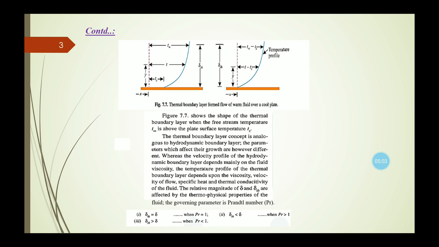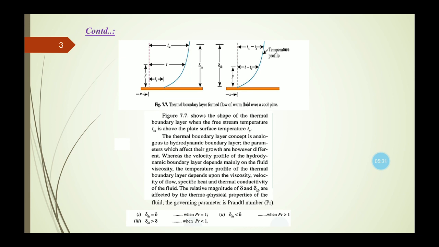Now in 7.7 the plate is cooler, but the fluid which is flowing over the plate is warm compared to the plate. In that case, this type of parabolic distribution is formed for the thermal boundary layer. So this is the shape of the thermal boundary layer when the free stream temperature is above the plate surface temperature.